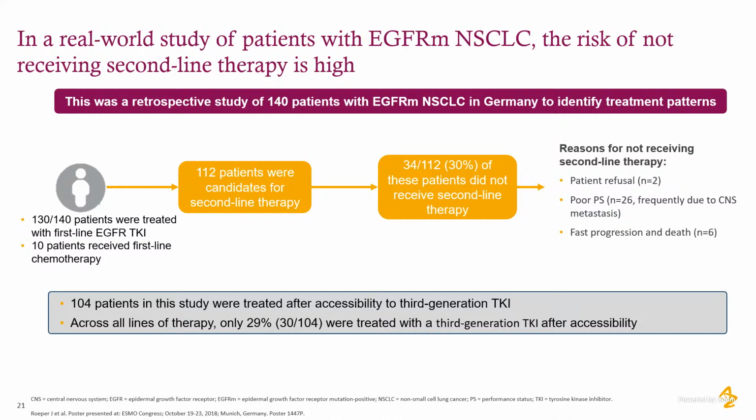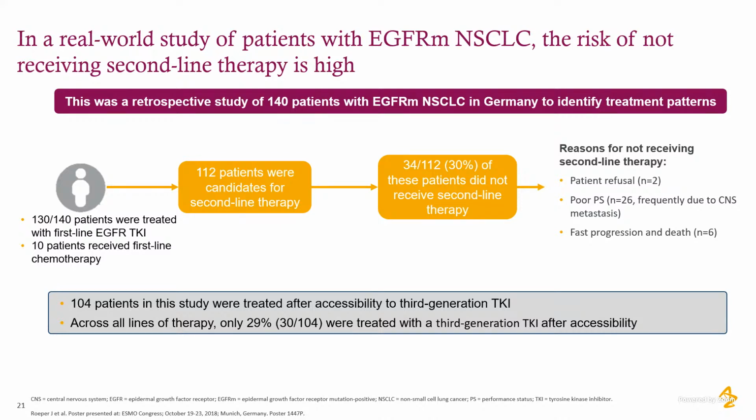So 112 patients were candidates for second-line therapy. 34 of the 112, 30% of these patients, did not receive second-line therapy. The reasons for not receiving second-line therapy: patient refusal, poor performance status, fast progression, and death. This has happened frequently due to CNS disease.